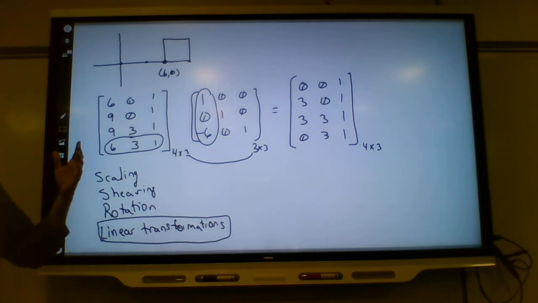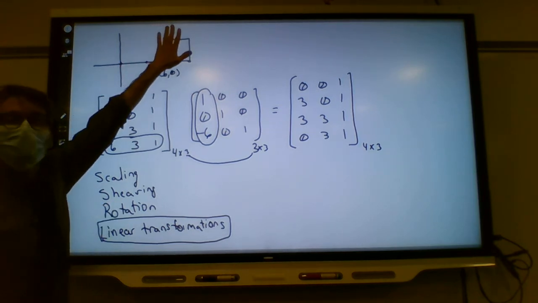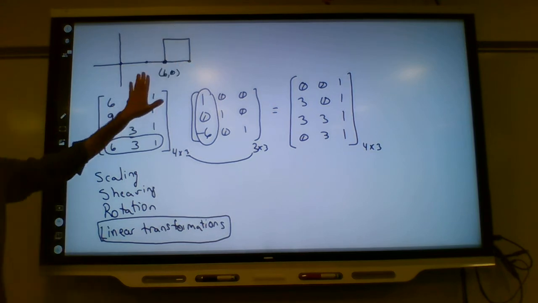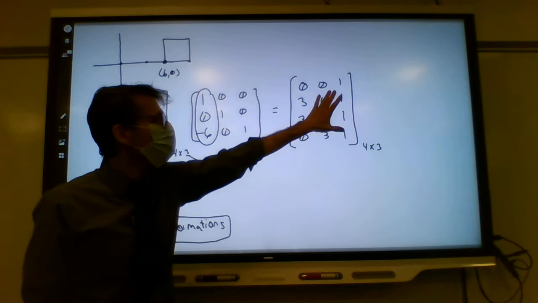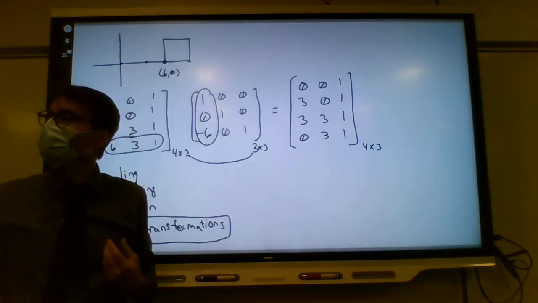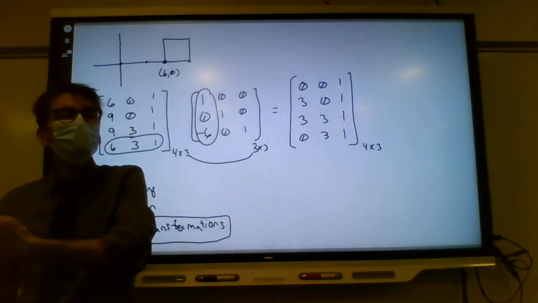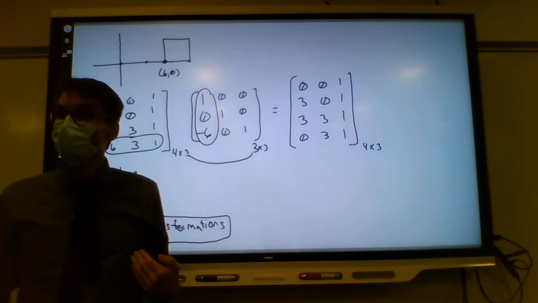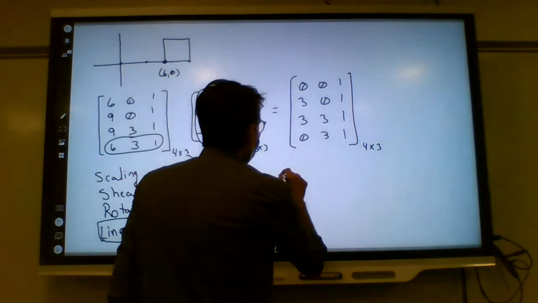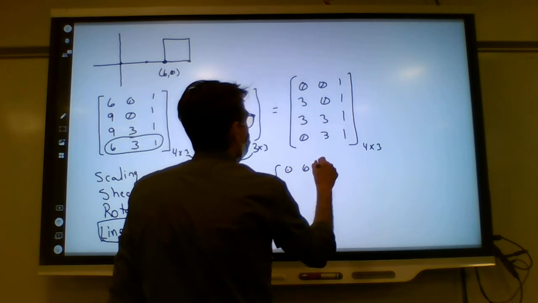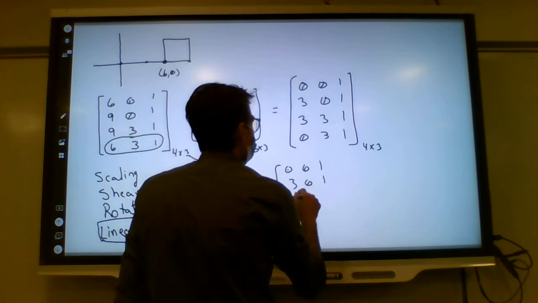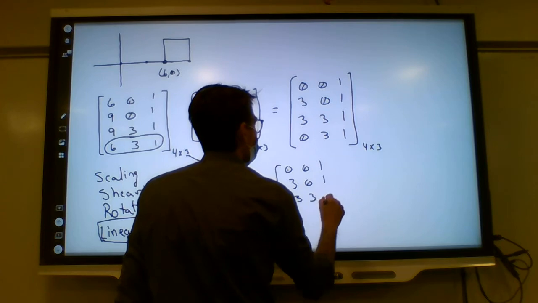Now, what have we done? We took a two-dimensional problem, raised it to 3 dimensions, did our work in 3 dimensions. Now what do we need to do? Now we need to put it back into 2 dimensions. So how do we get from here back to 2 dimensions?